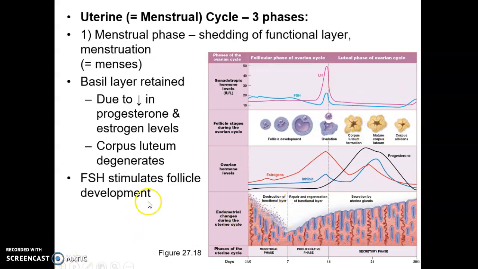At that point, during the shedding of the endometrial layer, follicular stimulating hormone, which is relatively high in concentration, stimulates follicular development, so that at day 14 of the cycle, a mature tertiary follicle will ovulate.